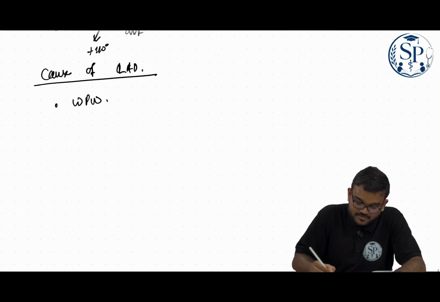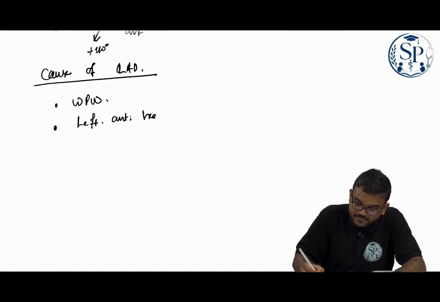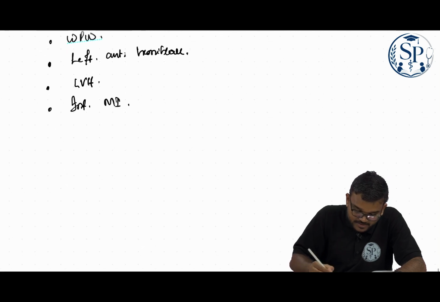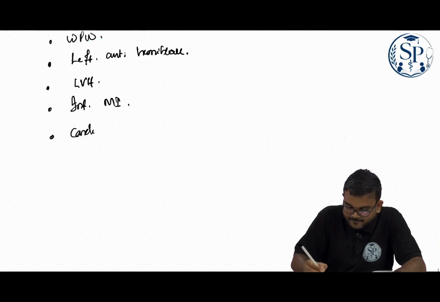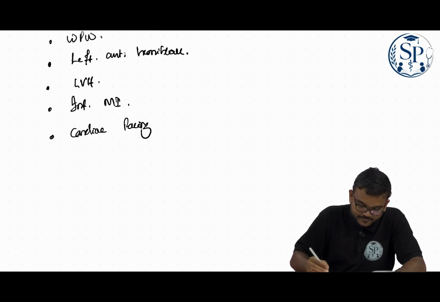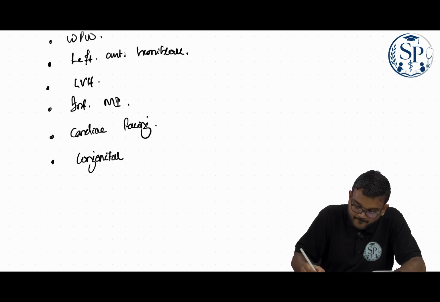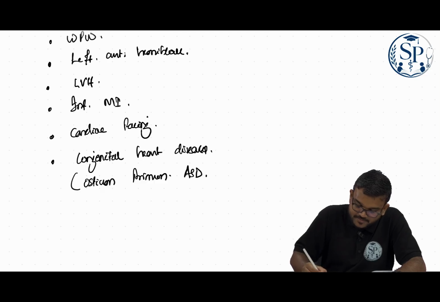WPW syndrome, Wolff-Parkinson-White syndrome, left anterior hemiblock, left ventricular hypertrophy, inferior wall MI, then cardiac pacing, then congenital heart disease, particularly ostium primum ASD, and tricuspid atresia.